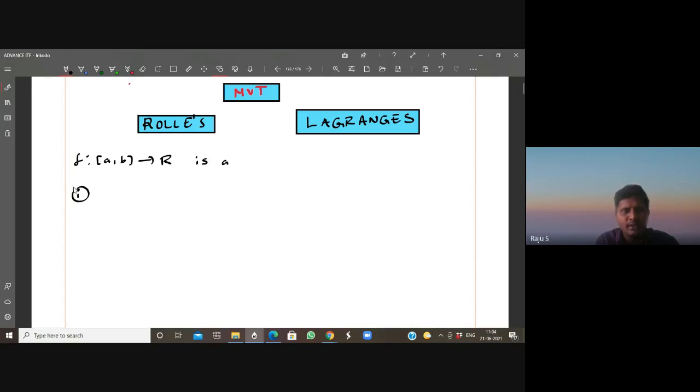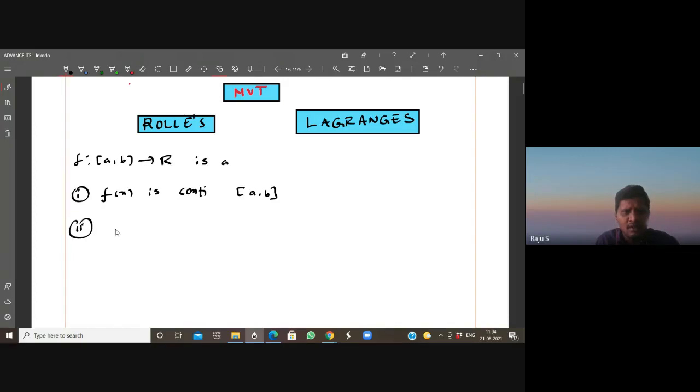The first is that the given function f of x is continuous in the closed interval a comma b. Remember students, continuous in closed interval a comma b.